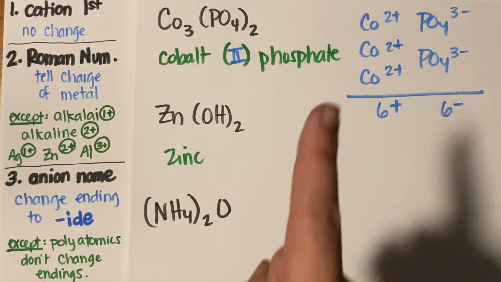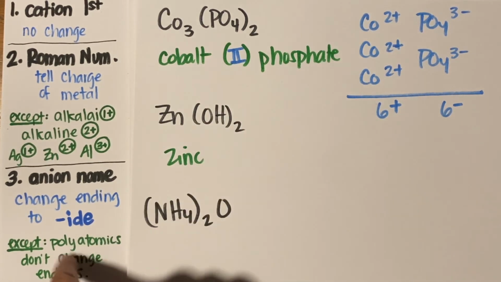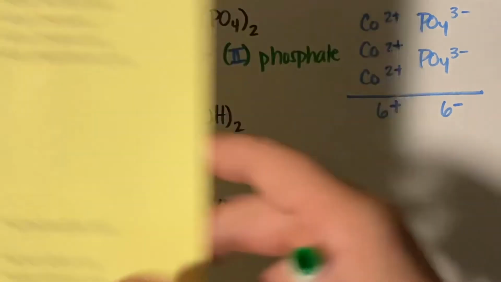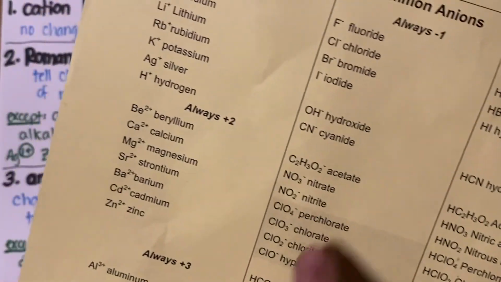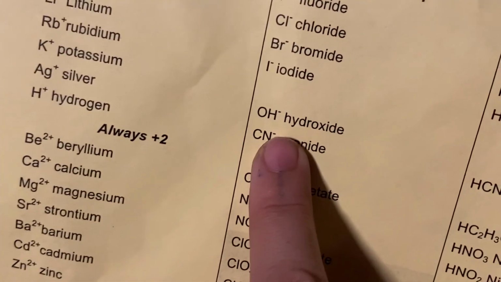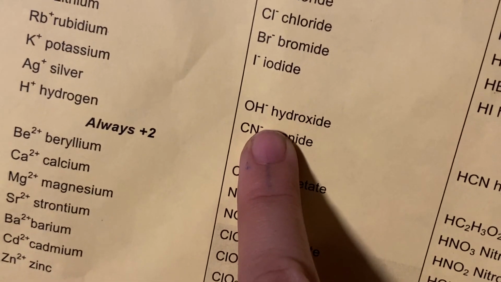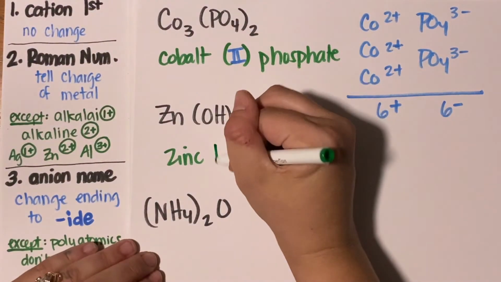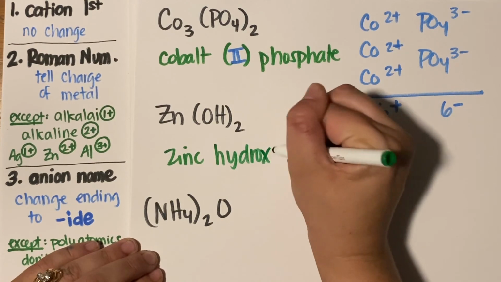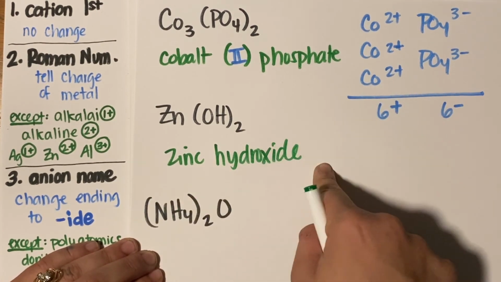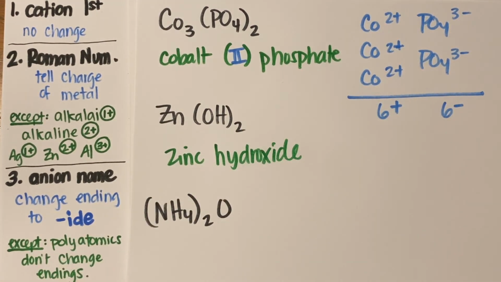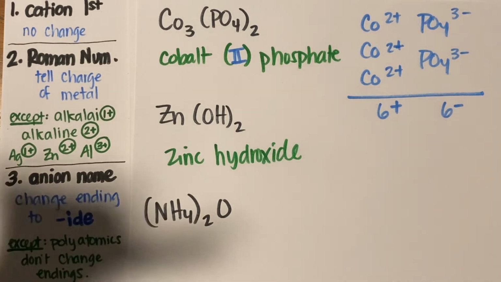Don't let it be you. You're not gonna do it, okay? The OH is a polyatomic ion, okay? So you get your little page and you memorize and you find, boom, right there, OH is hydroxide. So I have zinc hydroxide. Okay, last one, thank goodness.